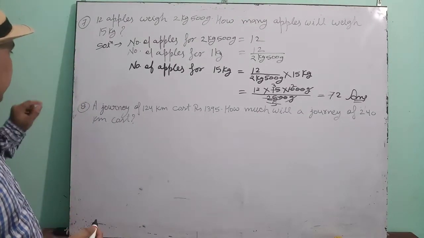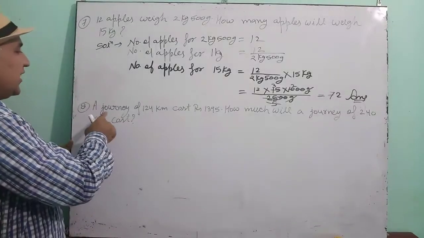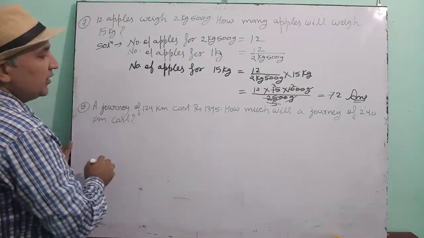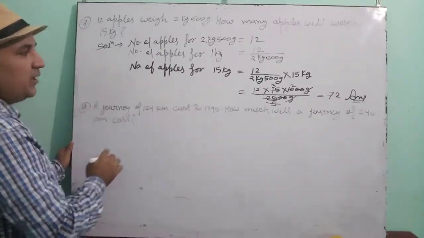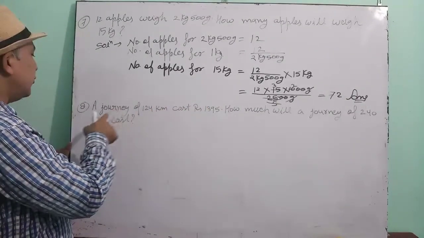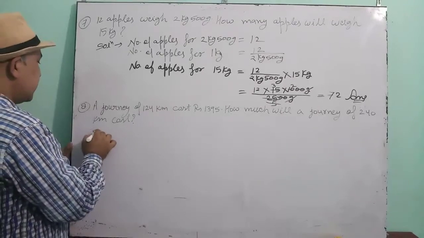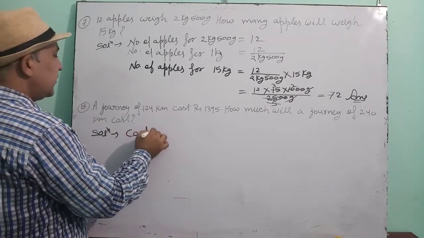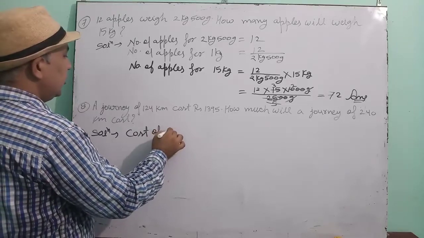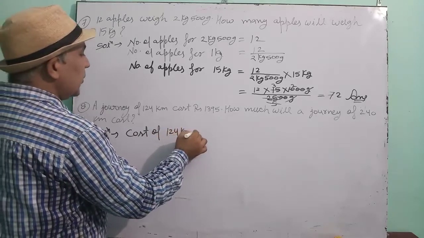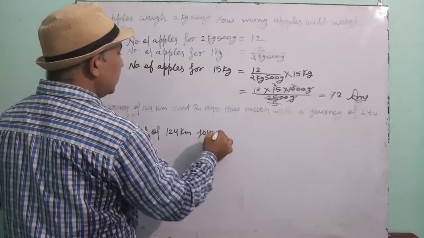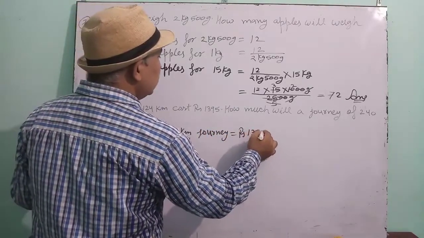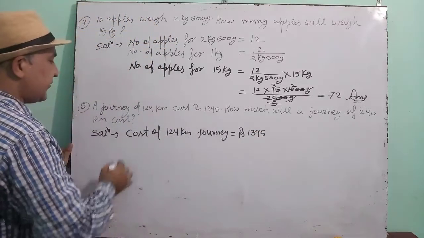Okay? Now see the last question of the day. A journey of 124 km costs rupees 1395. How much will a journey of 240 km cost? See how to do. You can see that cost of 124 km journey is given, rupees 1395.